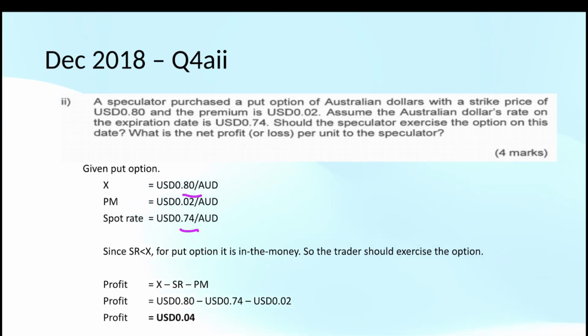Bear in mind, the question asks what is the net profit or loss per unit. So with this keyword, your answer should be per unit. You don't have to multiply with the contract size. Do we have the contract size? No, we don't have the contract size.